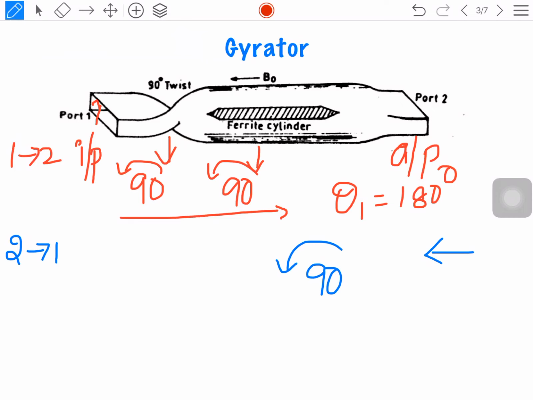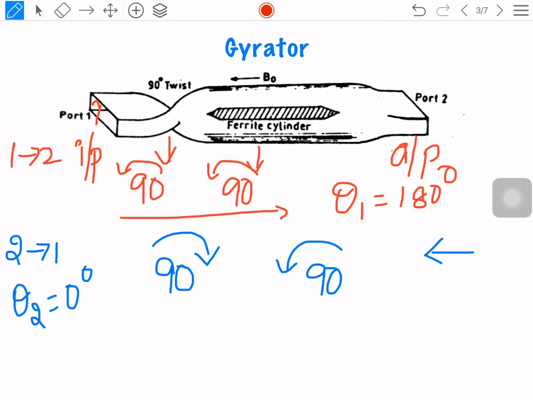As this wave further passes through the twist, one more 90 degrees phase shift will occur here, but this will be in the clockwise direction. See carefully, first it is subjected to a 90 degrees phase shift in an anti-clockwise direction, later a 90 degrees phase shift in the clockwise direction. These both cancel and I will be left with the signal having a phase shift of just 0 degrees.